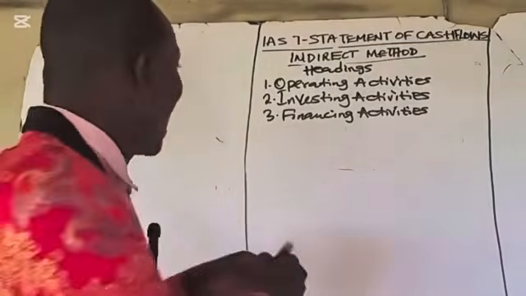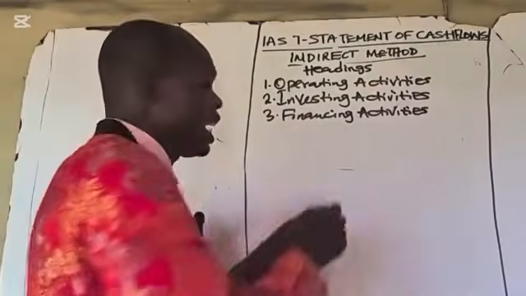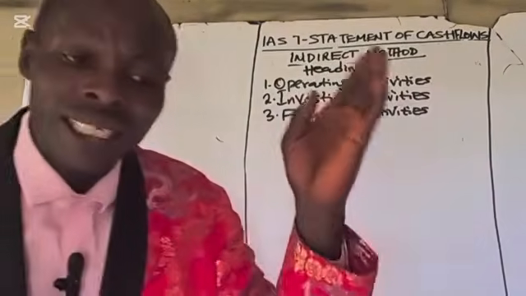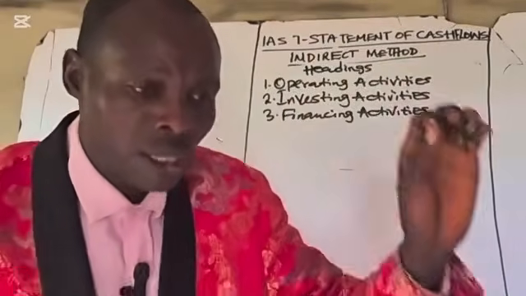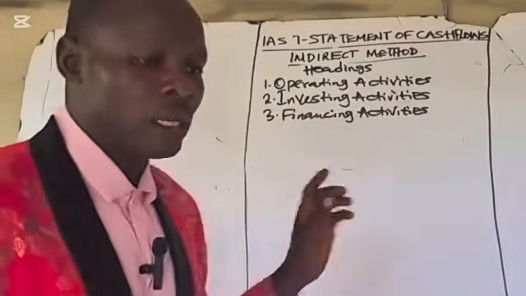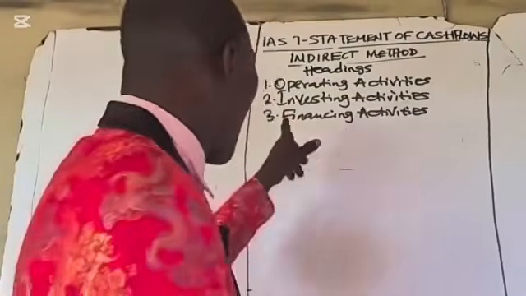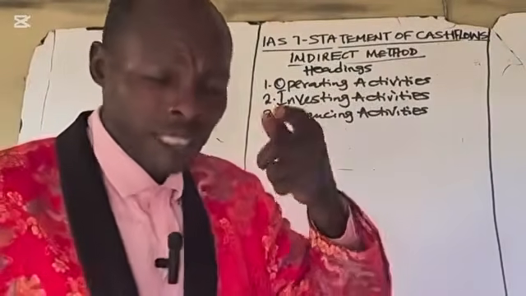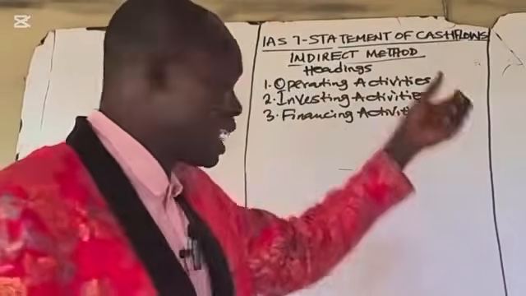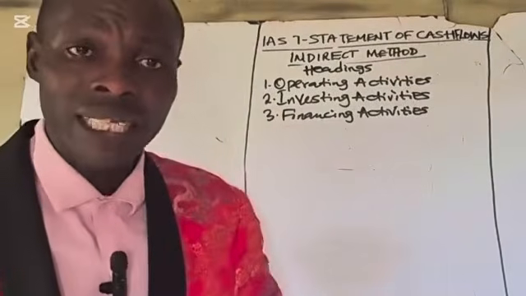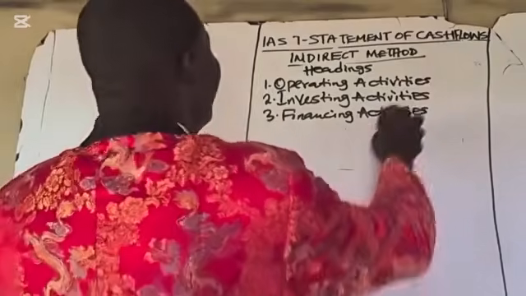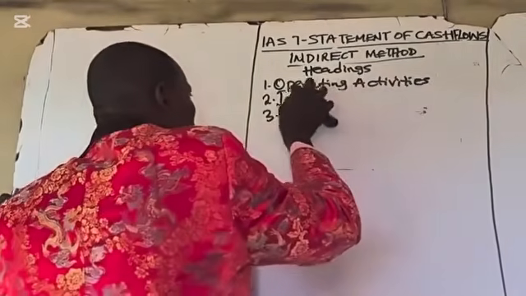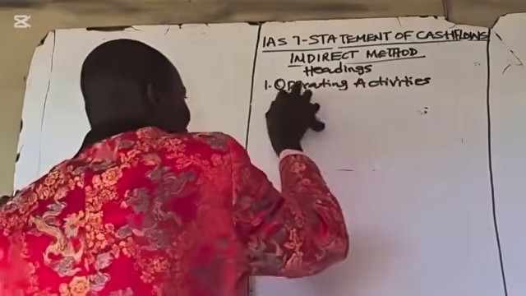So, I'm starting with operating activities. Operating activities are the normal trading activities of the entity. They are those activities that arise in the normal course of business.